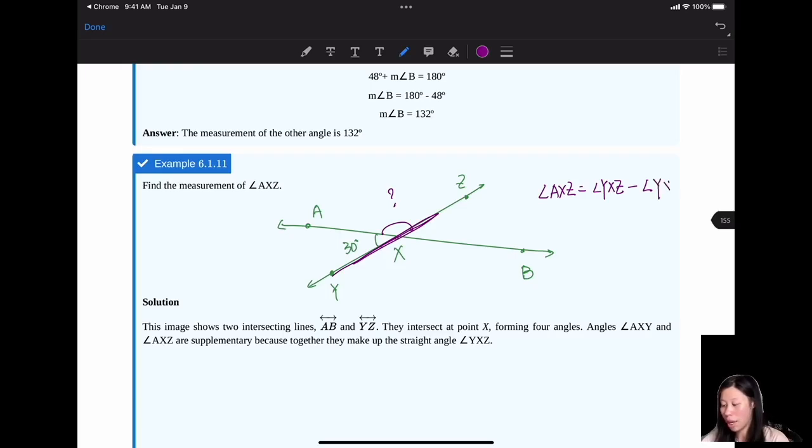So we have 180 minus 13. So we get the angle AXZ equals 167 degrees.